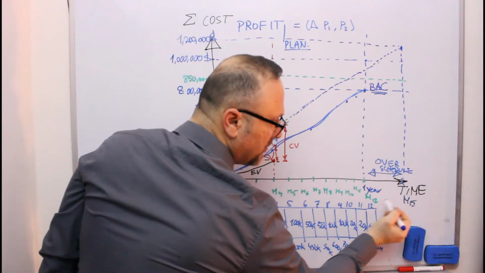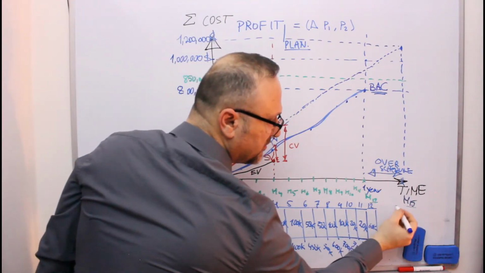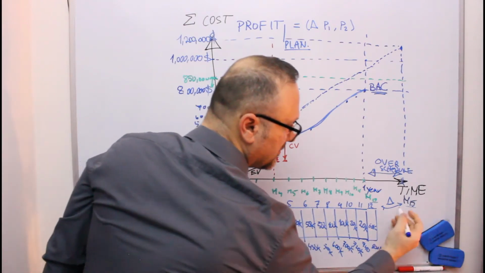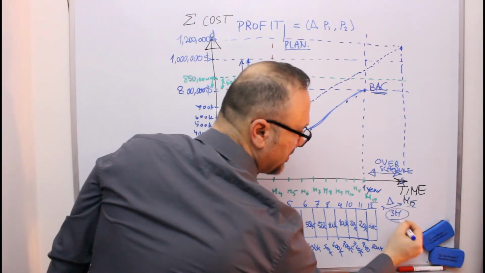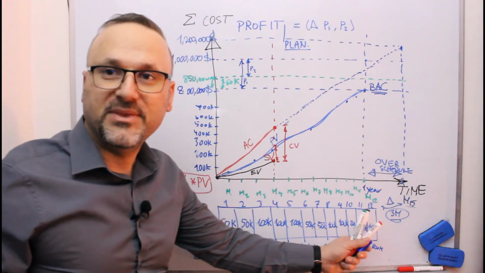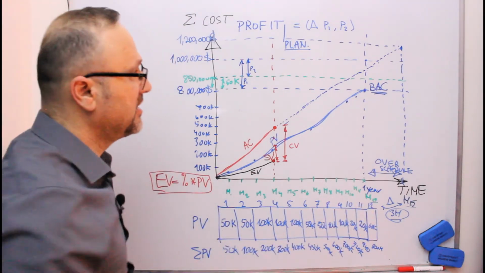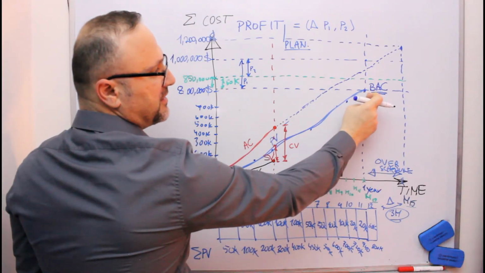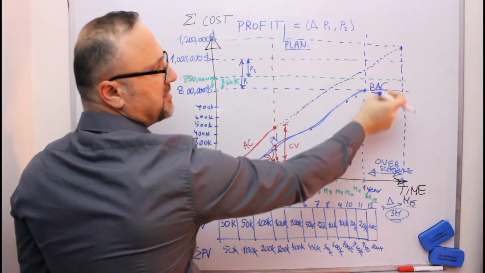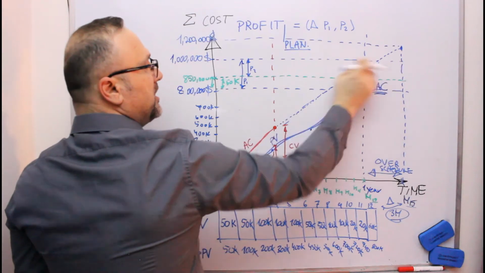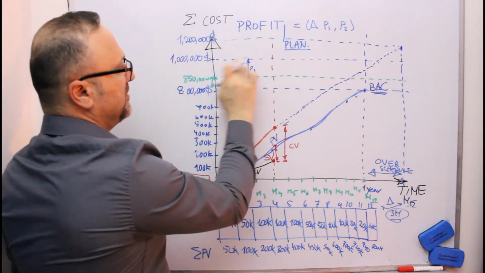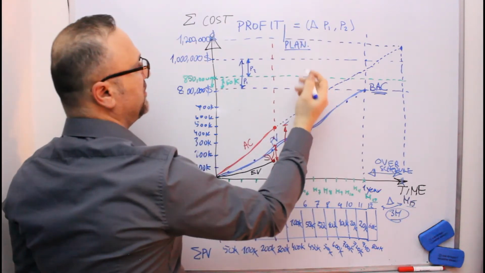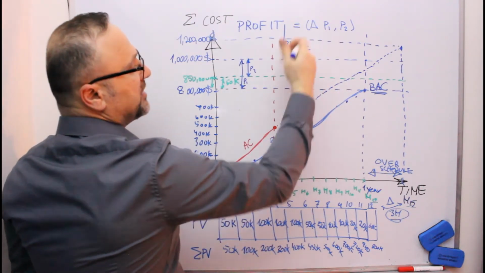It means I am over schedule, 15 minus 12, three months. I am delaying three months, and the budget at completion is here. I'm taking all my management reserve. I am going to have this profit value. I'm increasing the profit value over it.